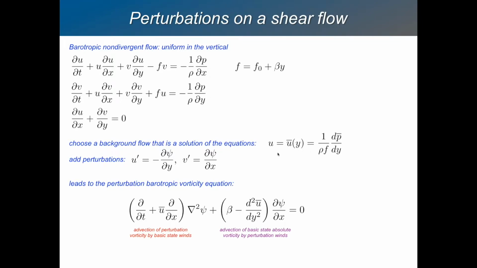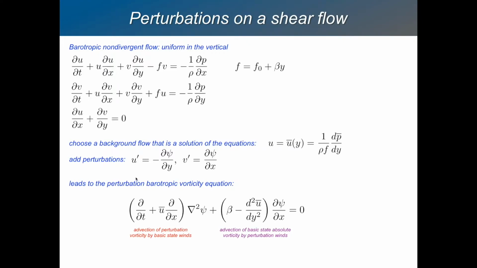So let's say it's a geostrophic background flow, okay? So we can substitute that into here, right? And then we add perturbations to these equations, u prime and v prime, okay? And we look for the linear vorticity equation. So the vorticity equation which is linear in perturbations about these flows.